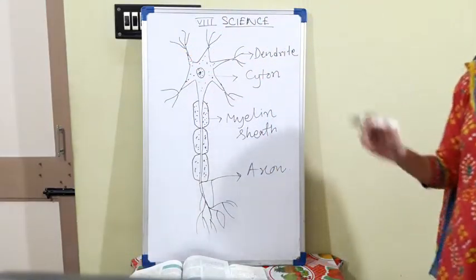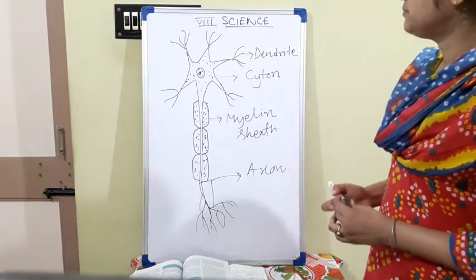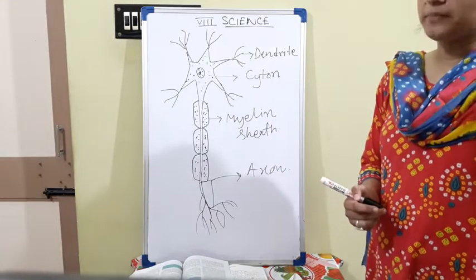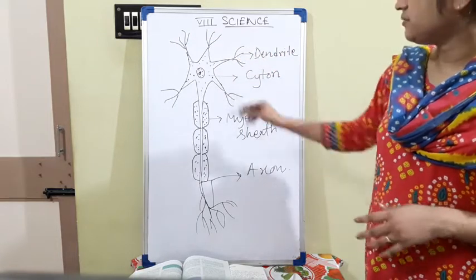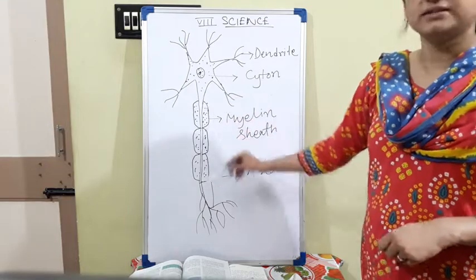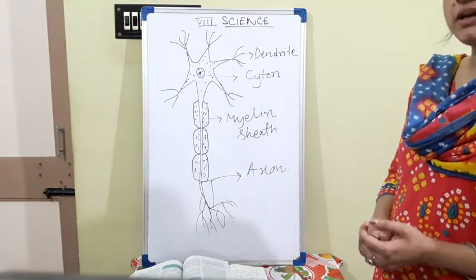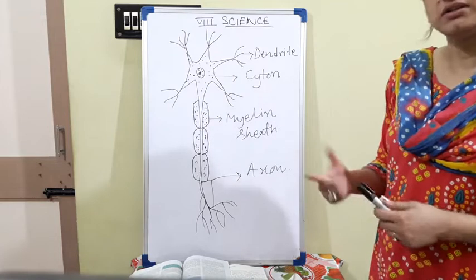You can give this type of structure, and there are various types of structure. You can give the pictures from another parts also, that is the cell body or cytosol. This one is the dendrite. The long axis-like structure is called axon, and this present is the myelin sheath. You can give any type of neuron or nerve cell picture. Practice that picture, this is very important.